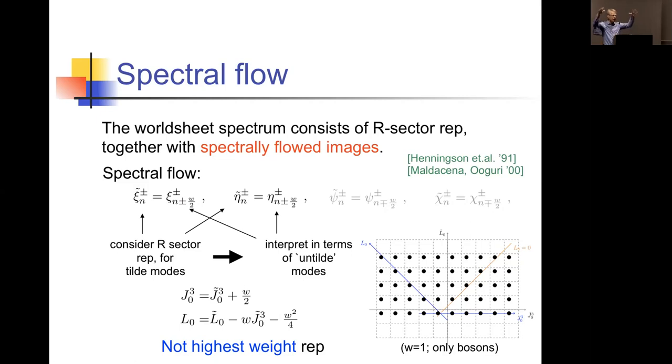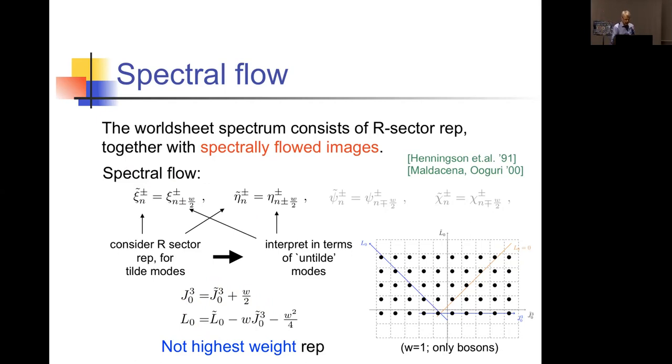So it's the same underlying vector space, but you're modifying the way in which the symplectic boson generators act on it. And therefore, you're modifying the way in which the bilinears of the symplectic boson generators act on it. And in particular, the Cartan generator of SL2 gets shifted by w/2, and the L0 generator gets shifted in this manner. L0 is L0 tilde minus w J3_0 tilde minus a constant.